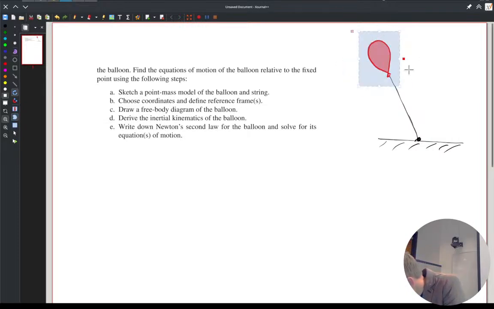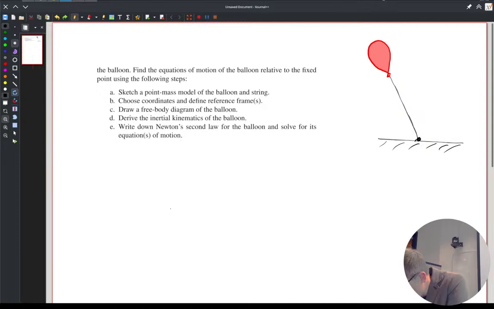The balloon can't do this, right? If you've held a balloon before and yanked on the string, the balloon rotates and then follows, but we're not considering that. We're just gonna say point mass. That's okay.